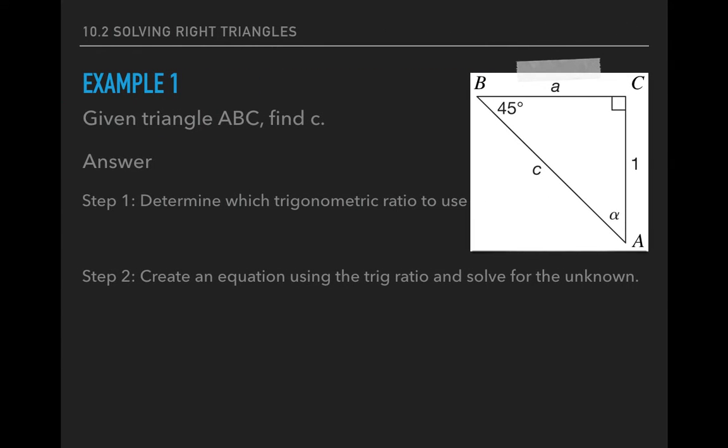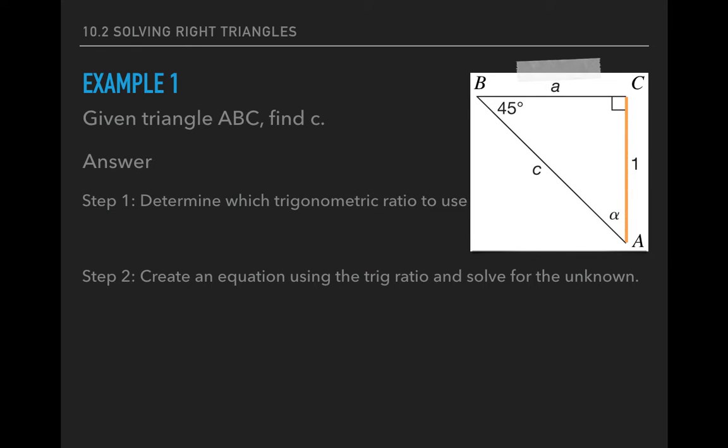Now let's find C. Now technically, because we know that A is 1 and side B is also 1, we could use the Pythagorean theorem, but I just want to show you this same approach a little bit more. So which trig ratio will we use?